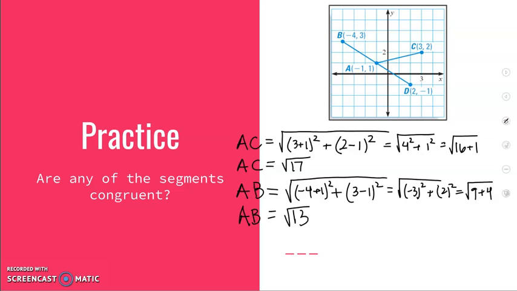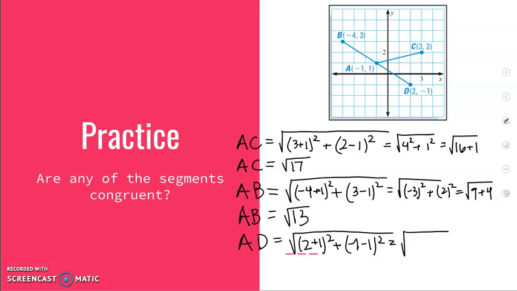The last length we're going to find is the length of AD. To do that, we're going to take the square root of x minus x, so 2 minus a negative 1 squared, plus y minus y, negative 1 minus 1 squared.